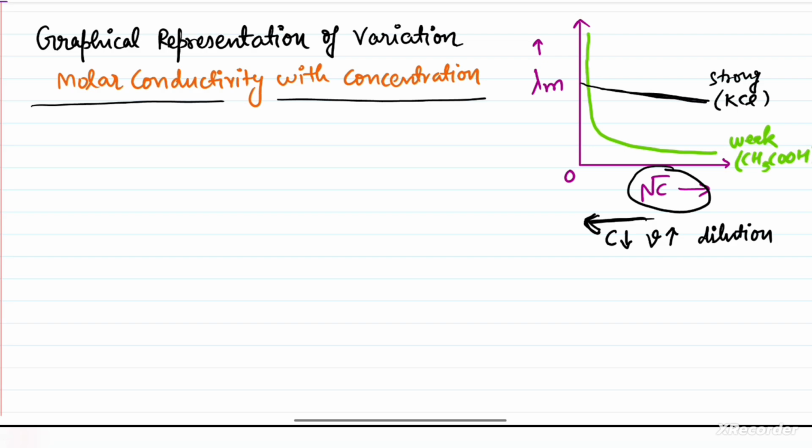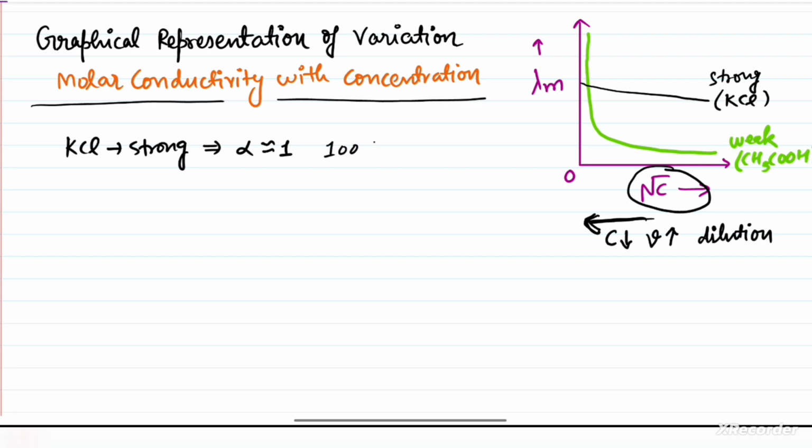So this thing you have to understand. Why no significant increase? Because KCl is a strong electrolyte, or any other electrolyte, you can take NaCl, HCl, anything. Strong means their alpha is nearly equal to 1. Even if we add more solvent into it, that means even if we dilute it, since alpha is nearly equal to 1, they almost dissociate 100%.